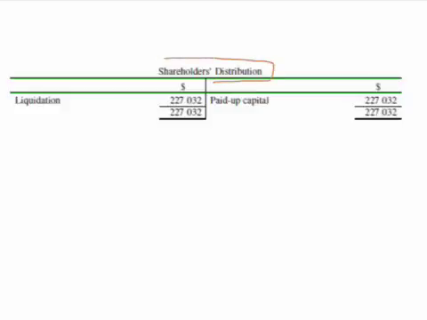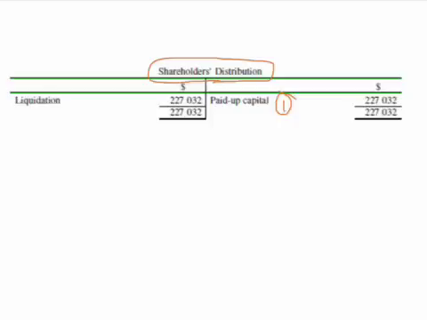This is the third ledger account that we use in the liquidation process, and we can record the distribution to the shareholders in this account. Okay, so we start off by transferring the share capital. Share capital, of course, sitting with a credit balance, so we debit our share capital and credit our shareholders distribution to transfer the share capital to this account.